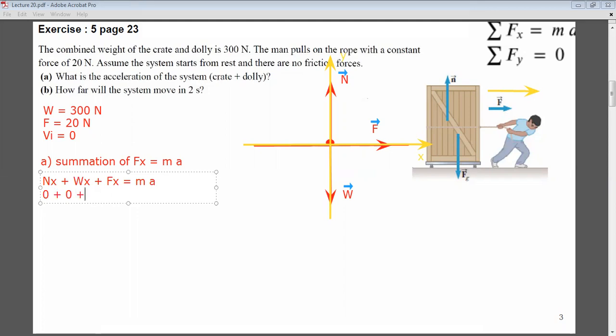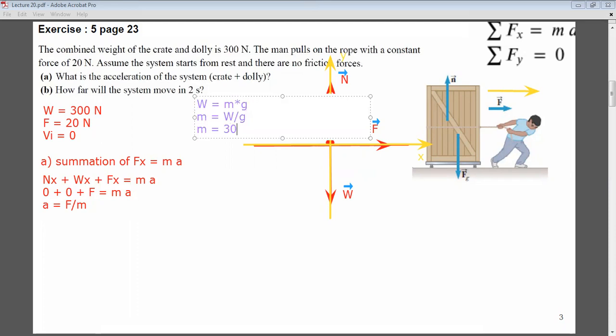Fx is equal to F. This is equal to mass times the acceleration. So acceleration is equal to force divided by mass. To get the mass, I have to remember that W is equal to mass times gravity, so mass is equal to W over gravity. Mass equals 300 divided by 10. Mass is equal to 30 kilograms.